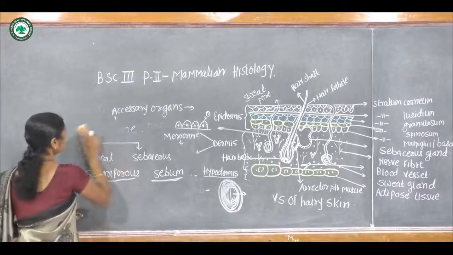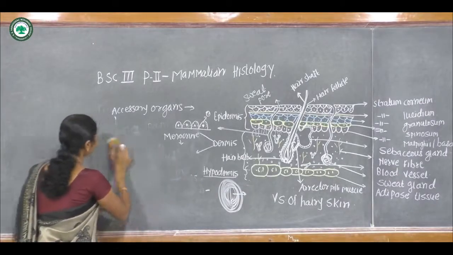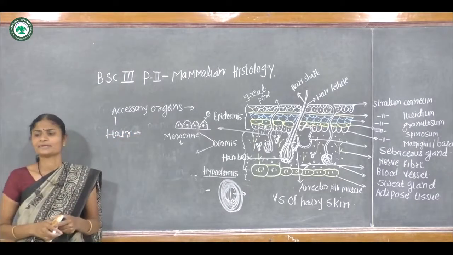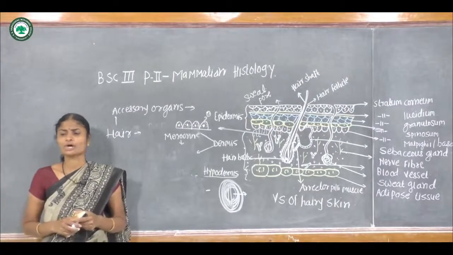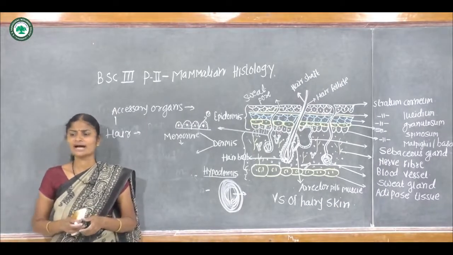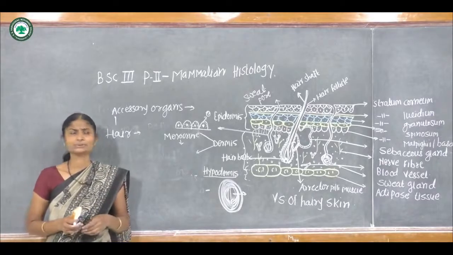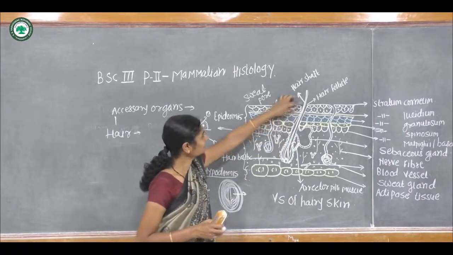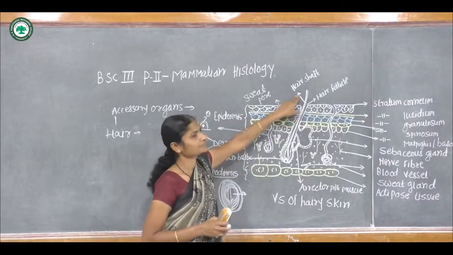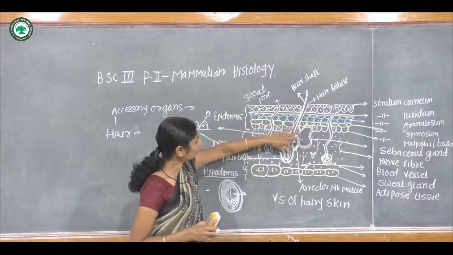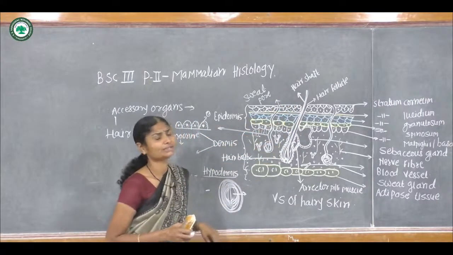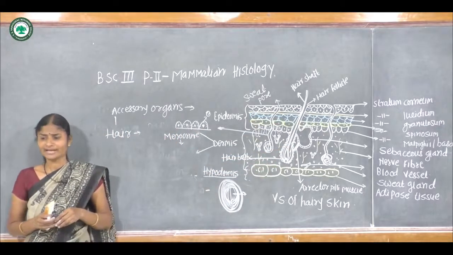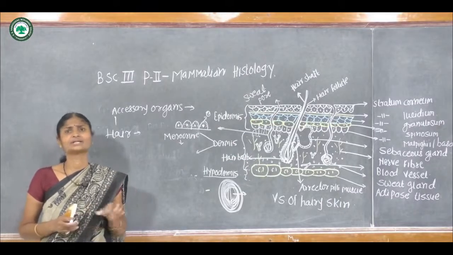The next accessory organ is hair. Hairs are solid, cylindrical, elastic and horny thread-like structures placed deeply into pits or pockets. The diagram shows that the hair has two parts: the shaft, which is seen over the surface, and the root, which is embedded in the pit region, in the dermis.